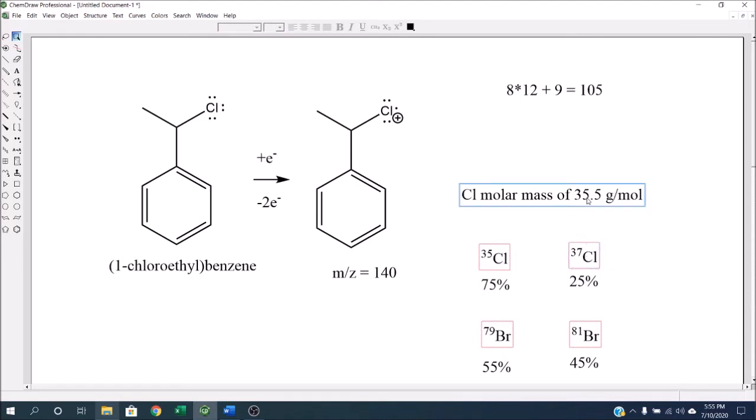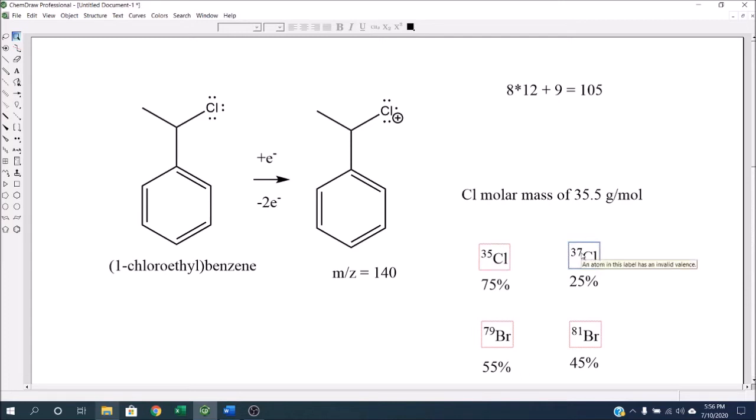If a weighted average of chlorine-35s and chlorine-37s gives you an average mass of 35.5, that means in our solar system, about 75% of the chlorine is chlorine-35, and about 25% is chlorine-37.